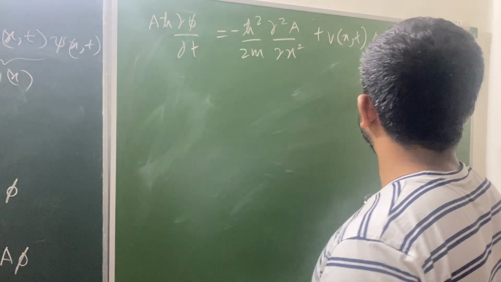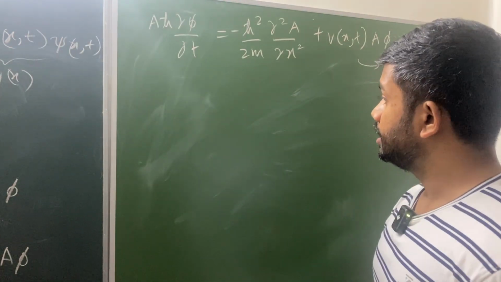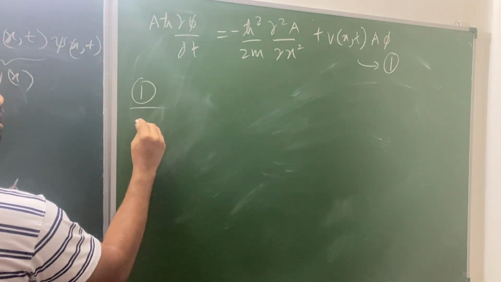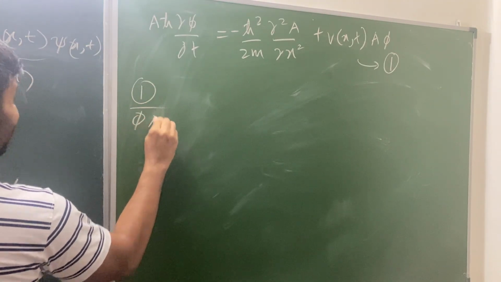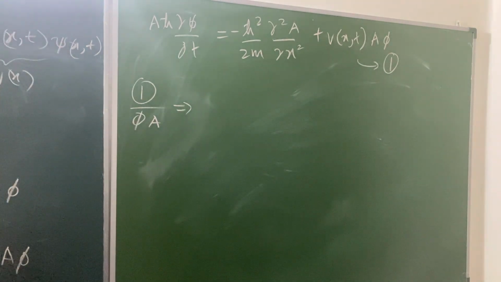What if I go ahead and divide this equation? Let me take it as equation 1, and this entire equation, guys, I'm going to divide it by both of these functions phi and a, and let me check what I will end up with.